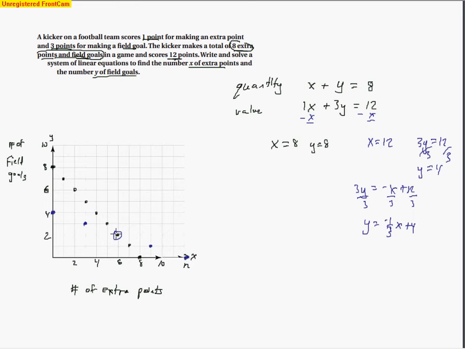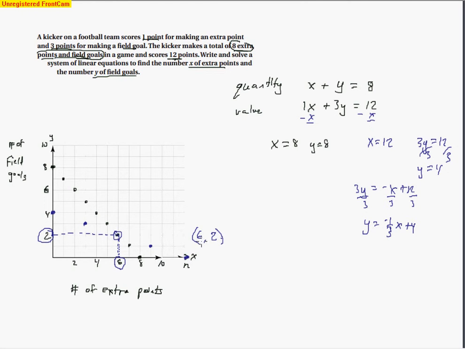And so you can see at this point right here is the solution. They want to know, write and solve a system of equations to find the number of extra points and field goals. Well, right here, if I go down from this point to the extra points, it shows 6. And then I go over to the field goal side, and it shows 2. So the ordered pair (6, 2) represents the solution.